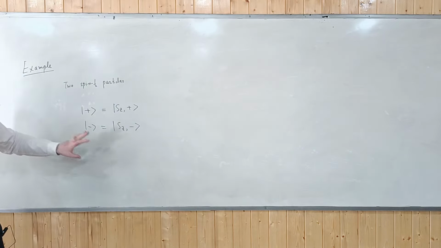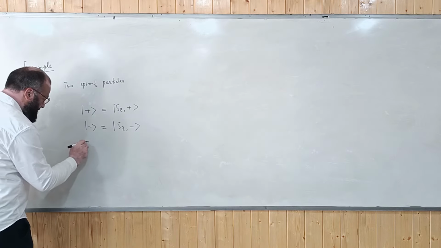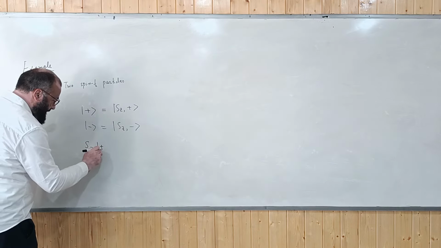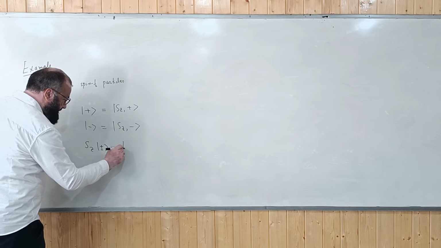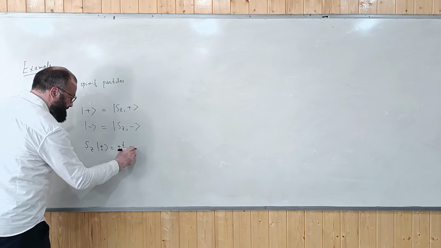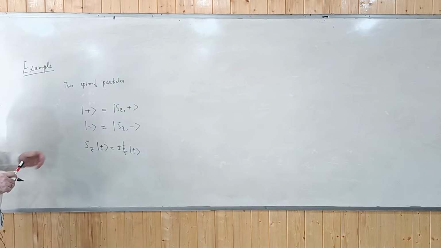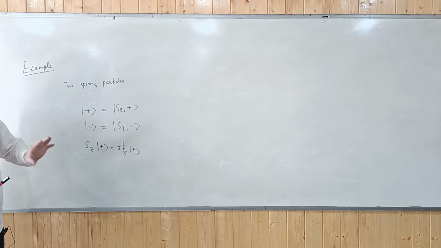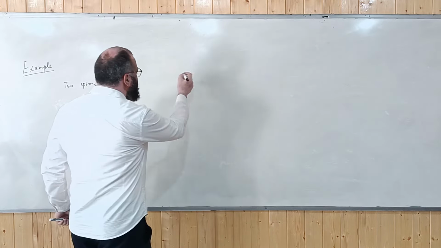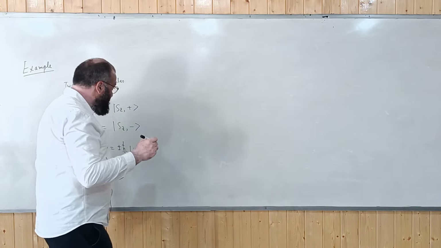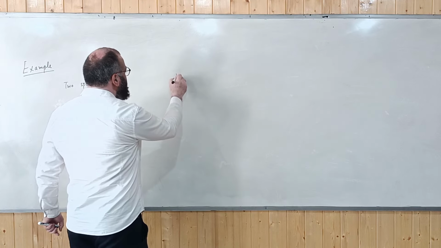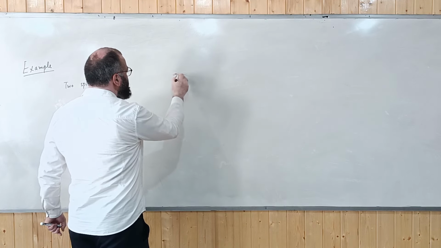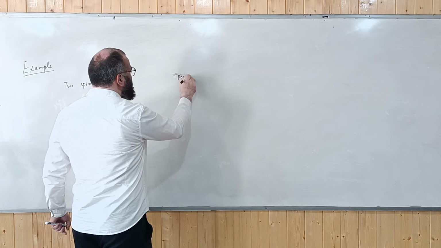So plus and minus are the eigenstates of the Sz operator, which means each spin half particle is described by the state plus or minus.